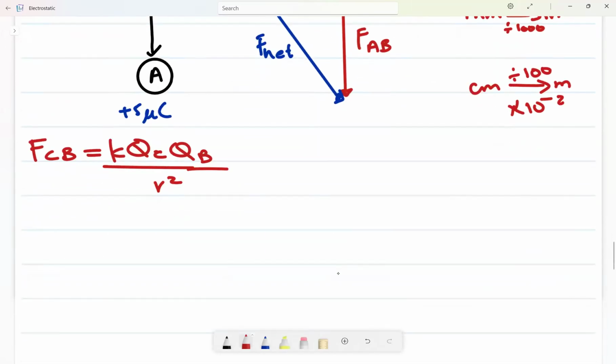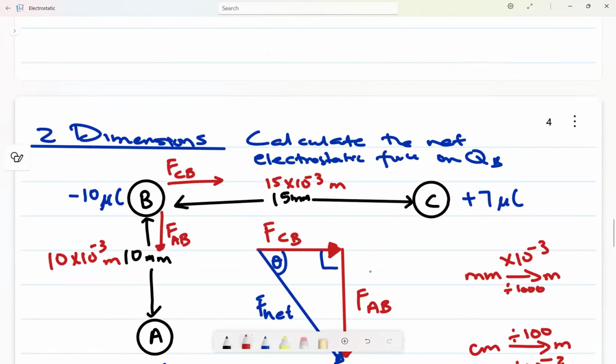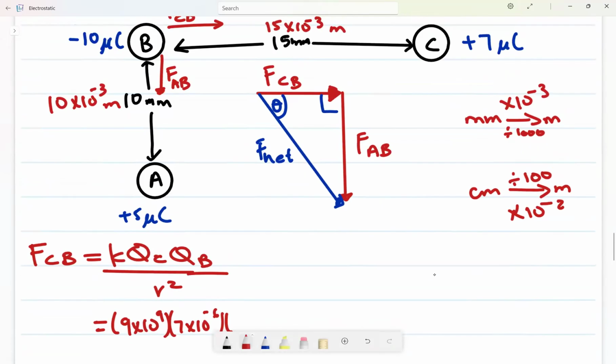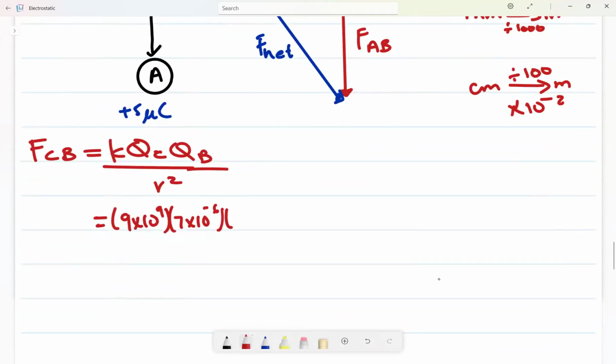So what is k? k is the constant, 9 times 10 to the power of 9. Charge C is 7 microcoulomb, 7 times 10 to the power of negative 6. Charge B is 10 times 10 to the power of negative 6, divided by r squared.